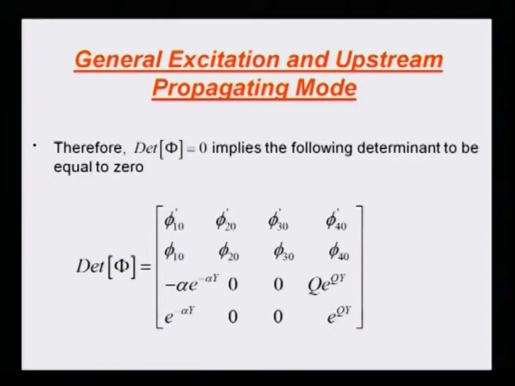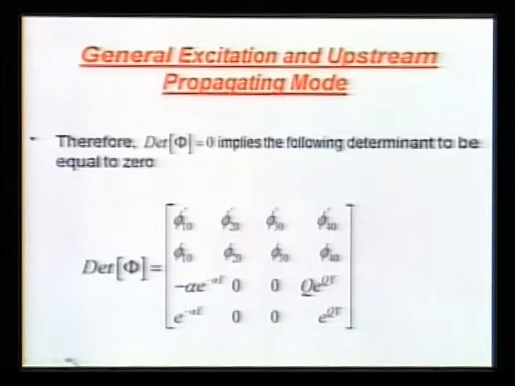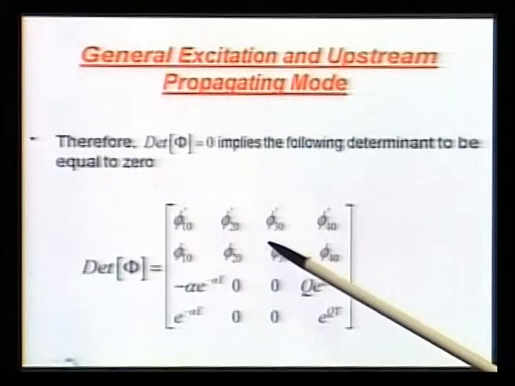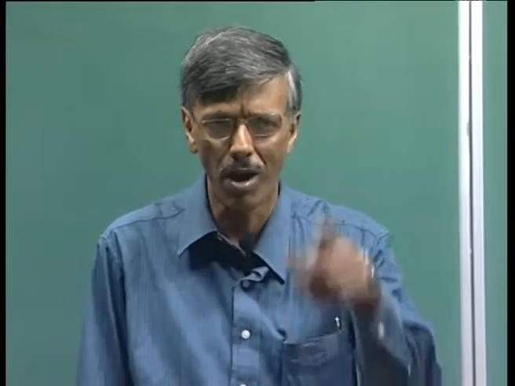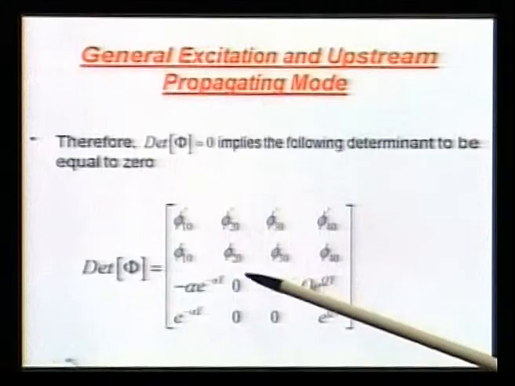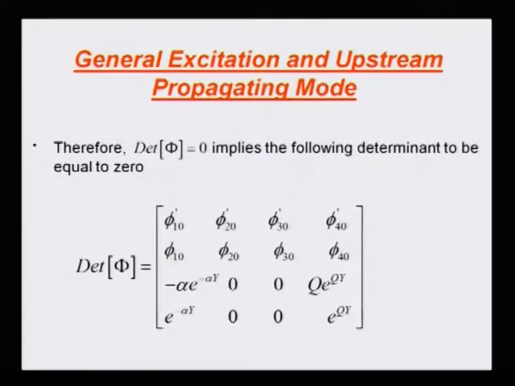So, now if we decide to look for those kinds of modes for which real alpha is negative and real q is positive, then phi 2 and phi 3 are the decaying modes, and these 2 entries will go to 0 when y goes to infinity, right. It is a subdominant quantity, because you have e to the power plus alpha y. So, alpha r is positive, so it will decay with y. So, that is what we are doing with these 2, putting their subdominant component as 0 itself.